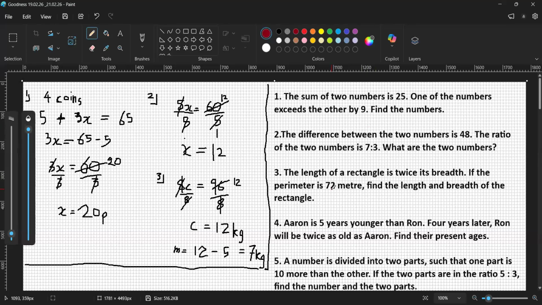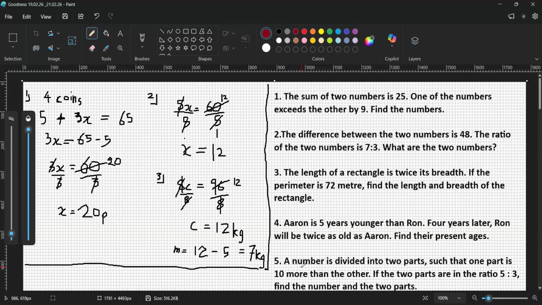But now they said one of the numbers exceeds the other by 9. So that now makes you challenge that thought. So what do you think now that you've seen the second condition? You said one exceeds the other by 9. So what do you think we're gonna do there?